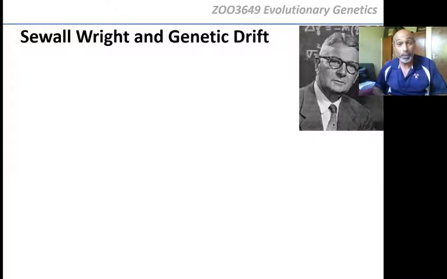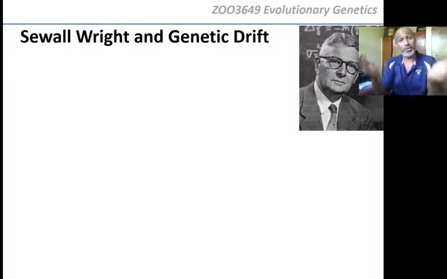Nobody else thought about it. Even Fisher, who was very clever, was scratching his head, trying to say, how can we have selection when it will lead to loss of variation? Wright comes at that moment and says, Murray, selection is not the only force of evolution.